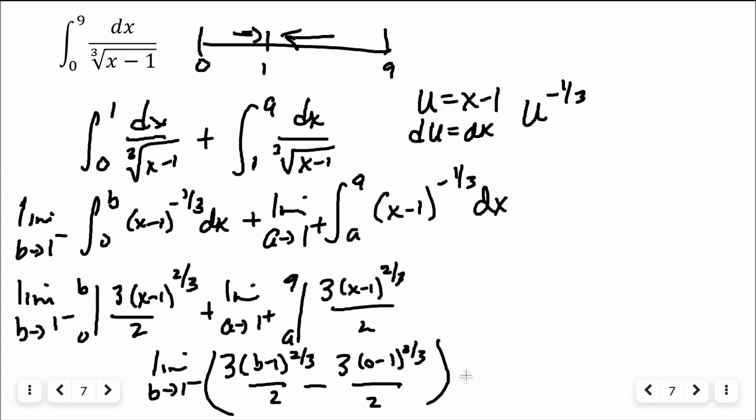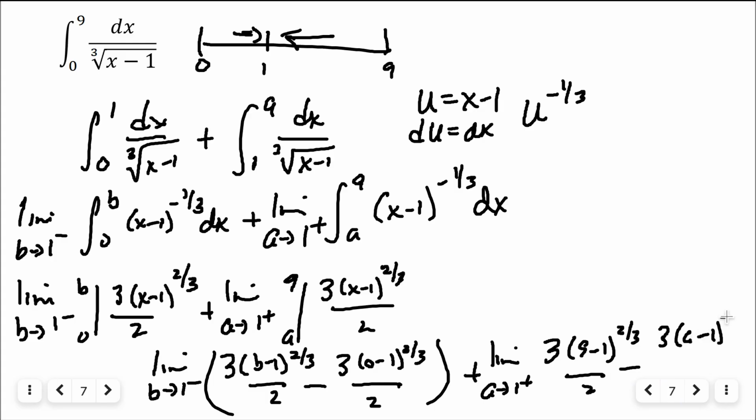That's the first limit. The second limit is a goes to 1 from the right of 3 times 9 minus 1 to the 2/3 over 2 minus 3 times a minus 1 to the 2/3 over 2. Okay, so now let's try to evaluate this. We'll do it in a different color. Maybe it'll make our lives easier here.